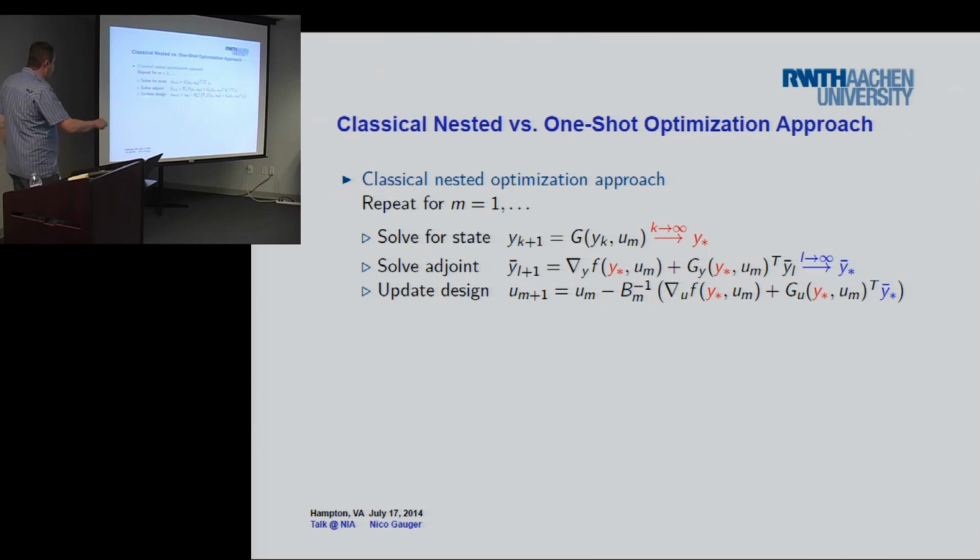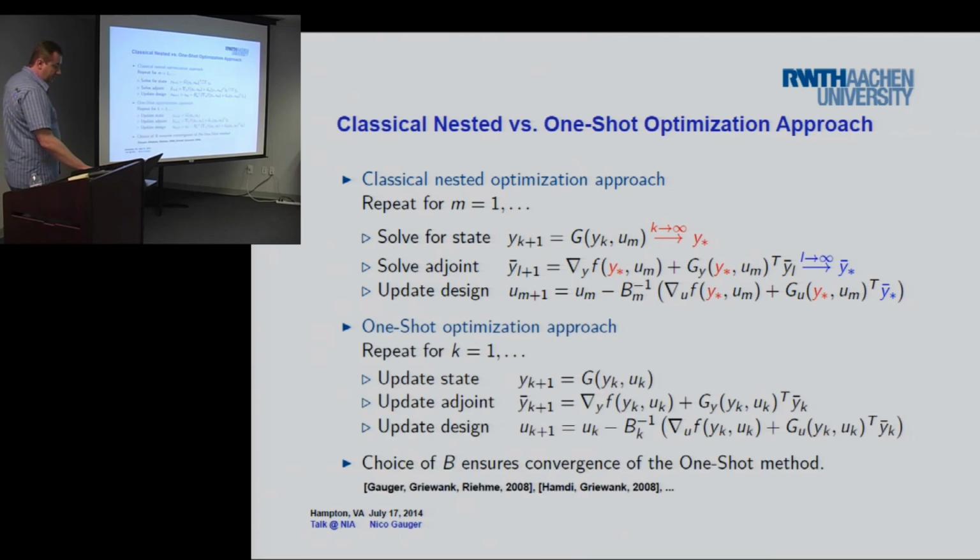And compared to the nested approach, the one-shot is different. So the nested says, I converge fully the y star, the state, then I set up my adjoint iterator, I converge fully with the read in y star until my adjoint variable y bar star, and then I use these two informations to evaluate the design update with maybe some preconditioning in front.